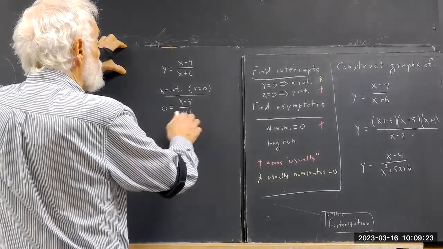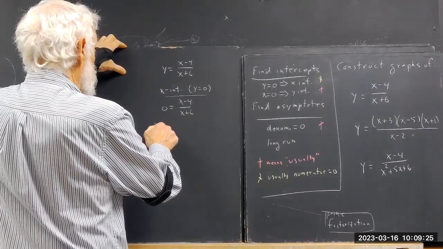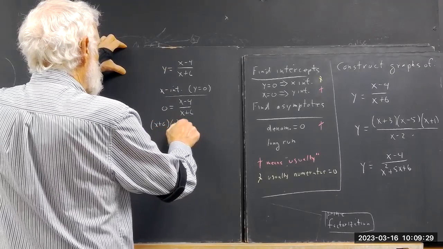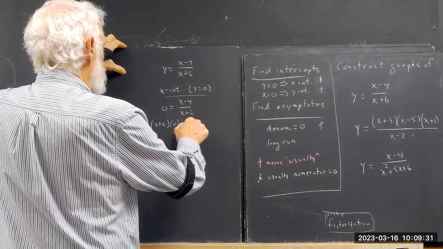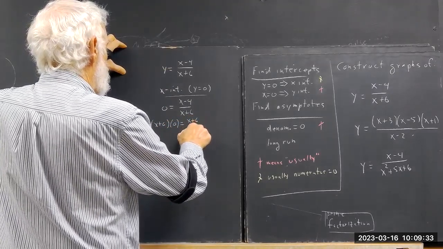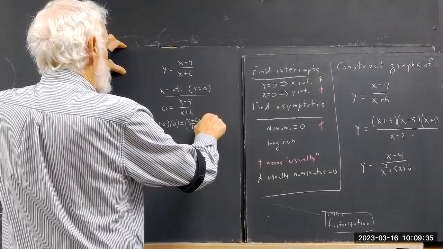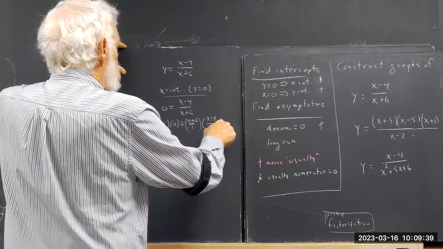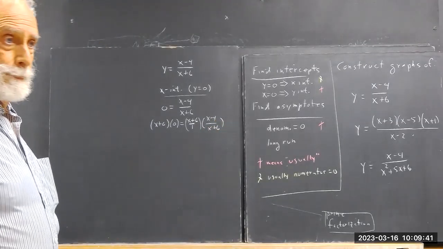We multiply both sides of this equation by x plus 6. We get this.